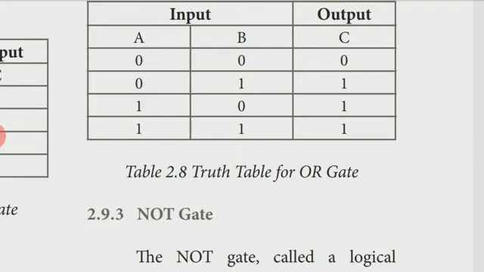The first row, both inputs are false, the result is false. In the next, one input is true, so the result becomes 1. Next also, one input is 1. Here 1, 0, so the answer is 1. Here 2 inputs are true, so the answer becomes 1.